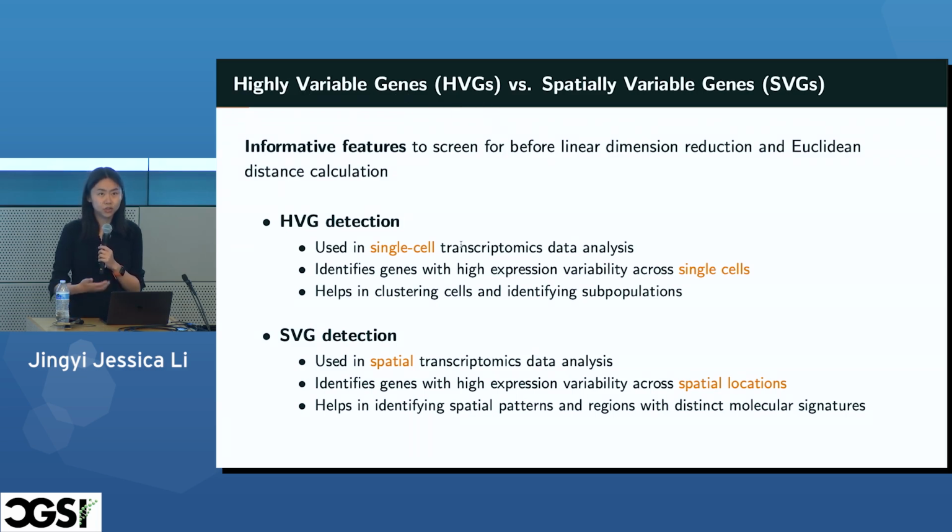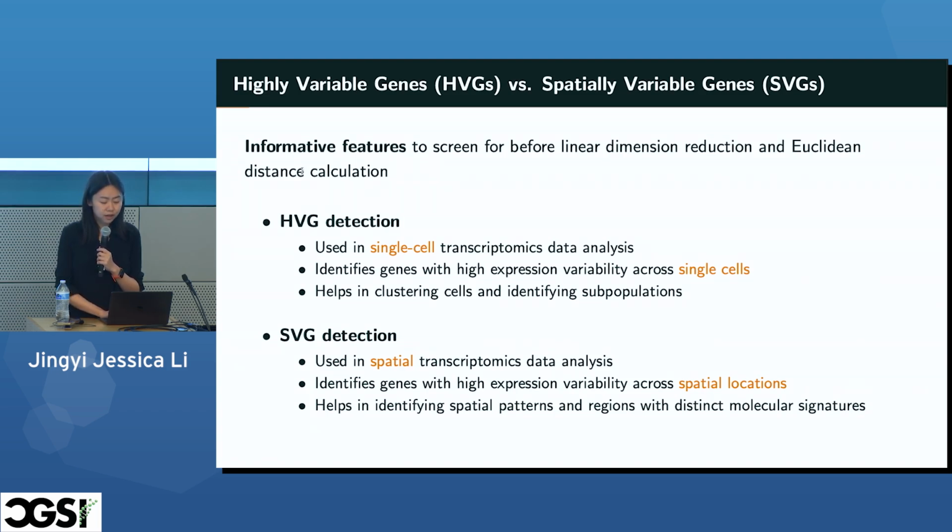I think this connection may be a good motivation for why we want to look into SVGs. For both sets of genes, I regard them as informative features people want to screen for before they do further analysis. Even though we are interested in the whole transcriptome, most of the genes may not be expressed or may not have high enough variance or variability to be interesting.